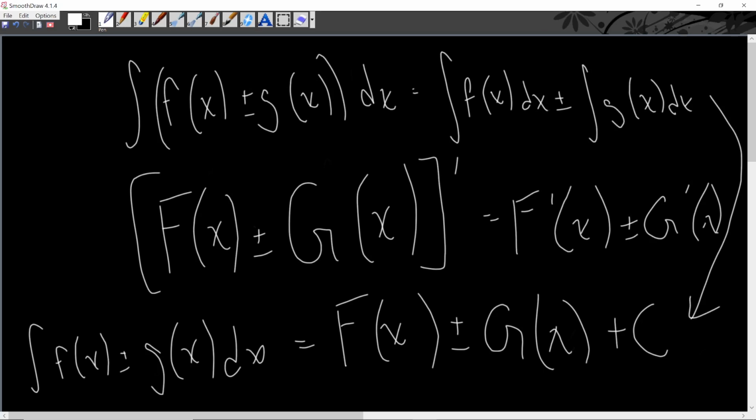And this is because big F and big G are going to be the antiderivatives of lowercase f and lowercase g, regardless of whatever sign we have in there.